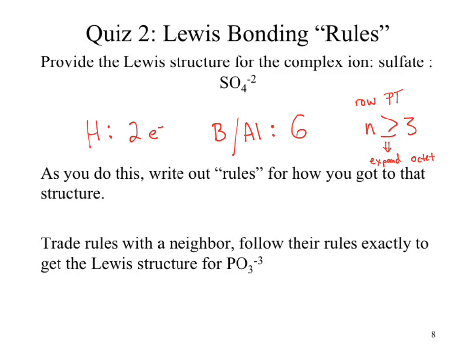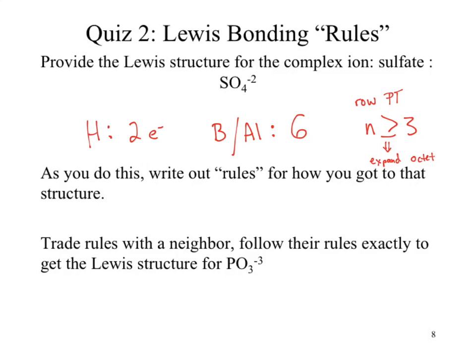So sulfur and phosphorus can expand their octet because they have empty d orbitals. So we can start shuttling electrons into those to help us expand that octet to a larger than 8 amount. Which is our explanation for why we can jump up to the example shown here, okay, with sulfate, with the 2 double bonds.